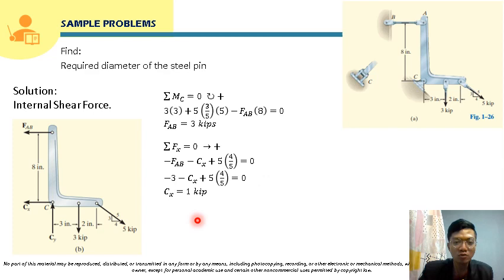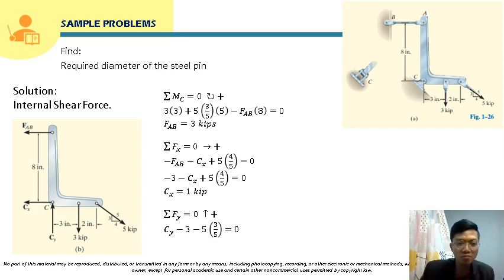We also have to solve for the value of Cy. For the value of Cy, we are going to use summation of forces vertical. Our assumption here is positive for upward forces. So summing up forces, this will be Cy minus 3 minus the vertical component of this 5 kip inclined force.